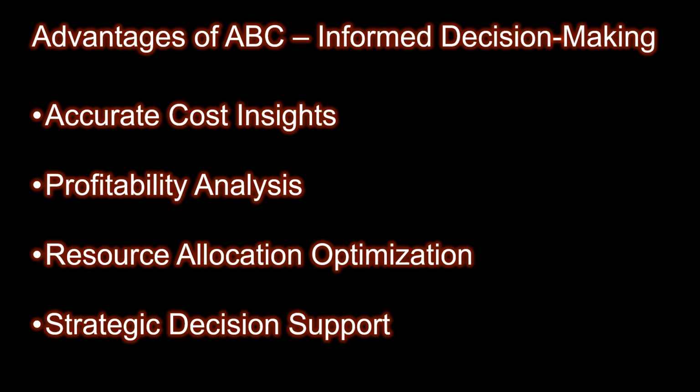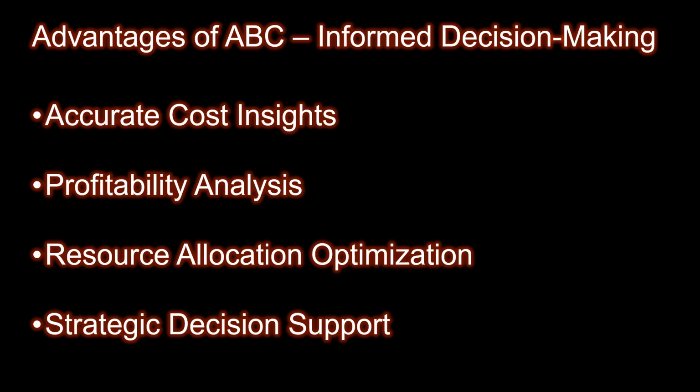Resource allocation optimization. With a clear picture of cost structure, organizations can allocate resources more efficiently, ensuring that investments align with strategic goals. Strategic decision support. ABC provides the data needed to support strategic decisions, empowering businesses to make choices that enhance competitiveness and overall financial performance.